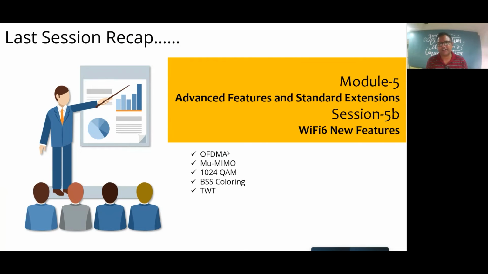The access point does RU allocation by sending a multi-user RTS frame, where it allocates different numbers of RUs to different users, and the users have to send a CTS frame. Once that exchange is done, you have simultaneous communication of information. So we talked about uplink and downlink OFDMA in detail.